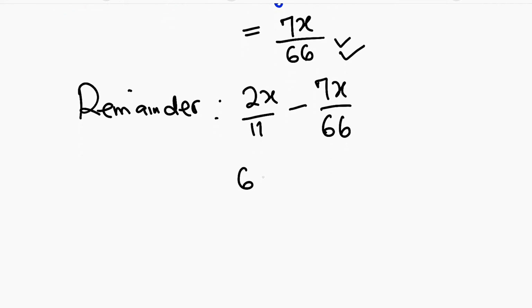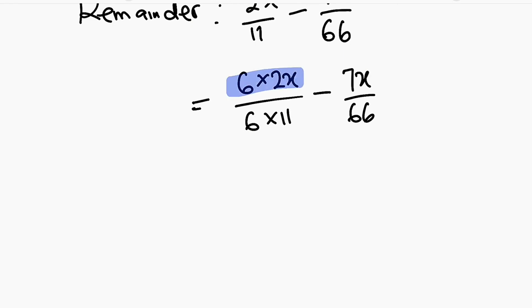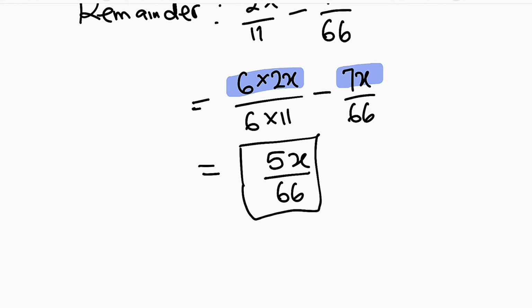So we have 6 multiplied by 2x divided by 6 multiplied by 11, then minus 7x over 66. 6 times 2x is 12x, and 12x minus 7x is 5x. So we have 5x out of 66. So this is the remainder as well as the share of the youngest girl.